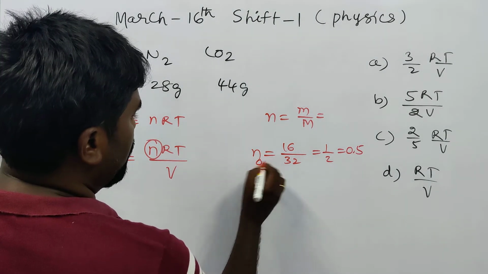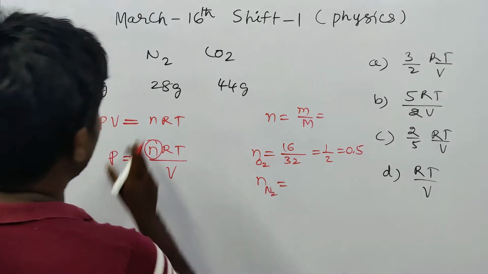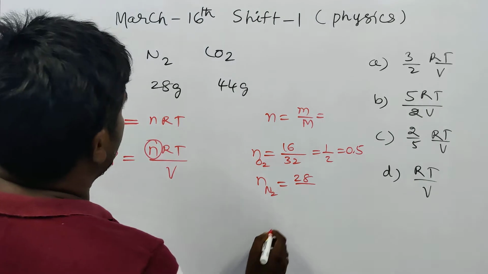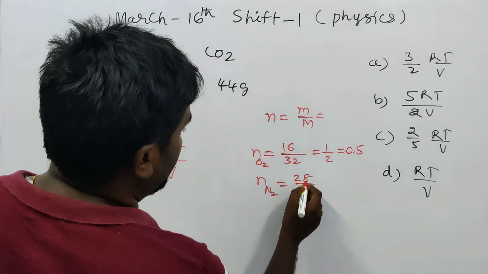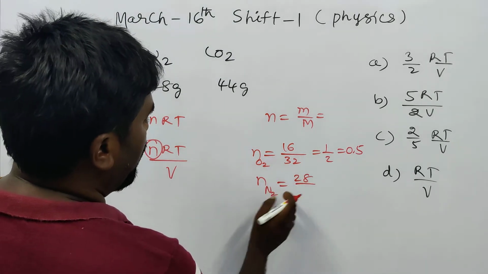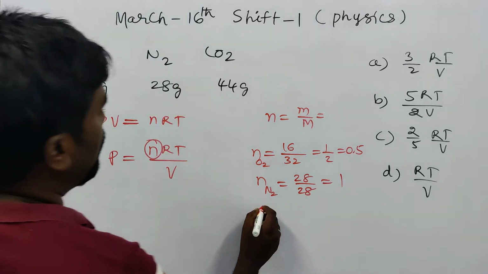So this is oxygen. Then for nitrogen, the molecular weight is 14 plus 14, which is 28, so n is 28 divided by 28, which equals 1.